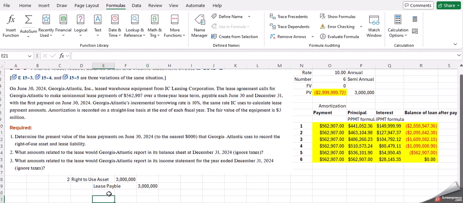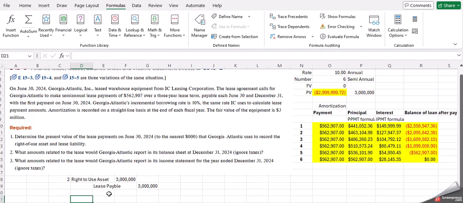Then when they make their December 31st payment, I guess the January 1st payment would also be made, or sorry, it's June 30th, would be made initially, and there would be no interest.